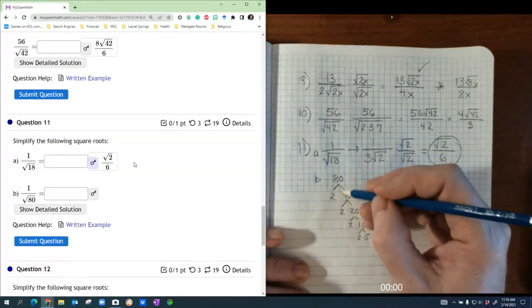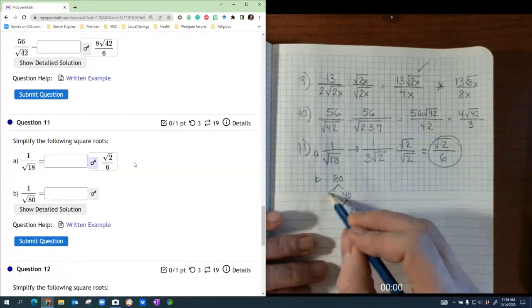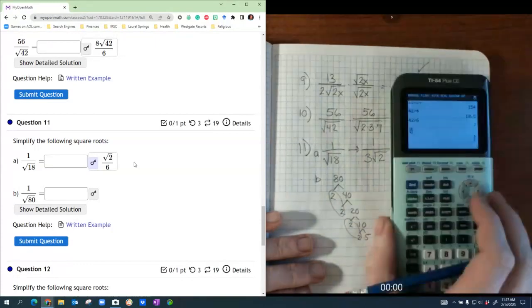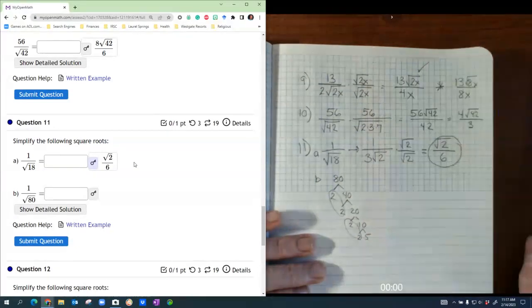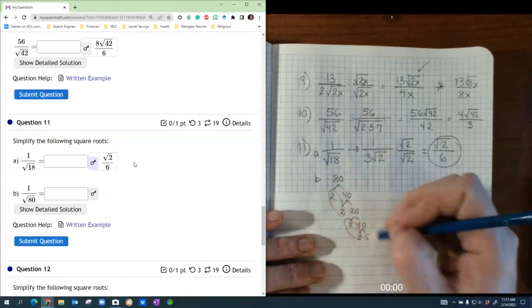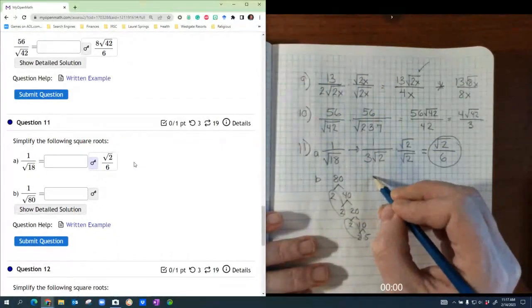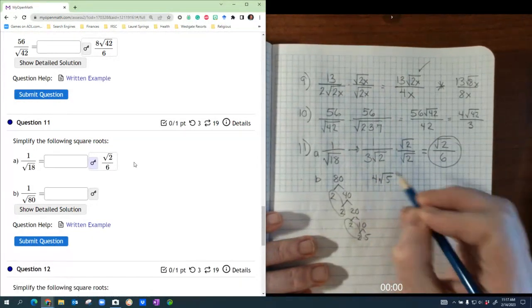So now, in order to come out of the house, you have to have pairs. So that's one pair right here and one pair here. So if you look at it, it means that 80 is divisible by 16. So that's kind of a neat way of doing it. It's called prime factorization. So now it's going to be 4 radical 5 in the denominator.